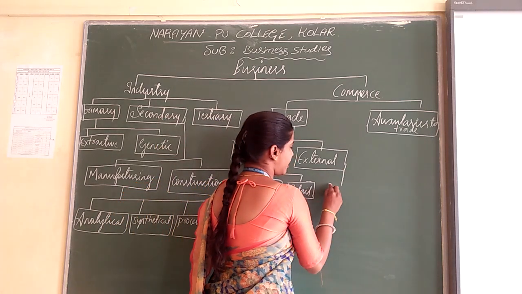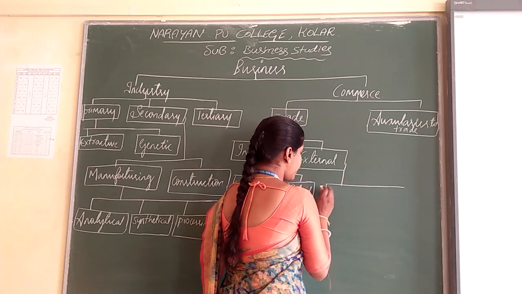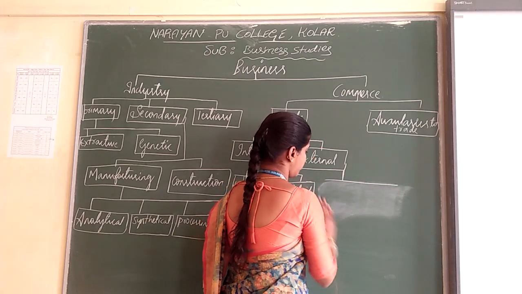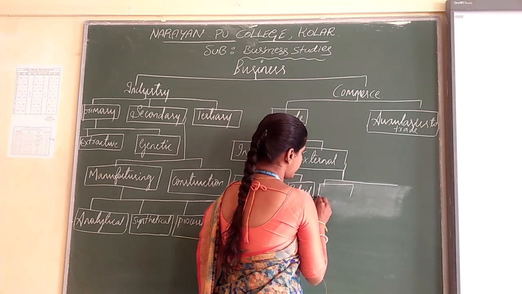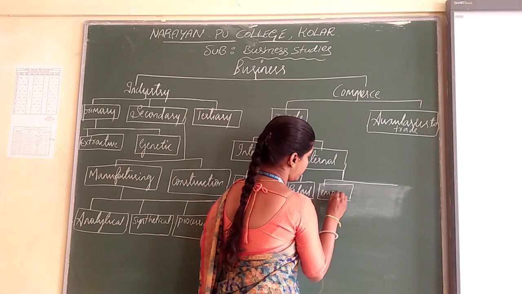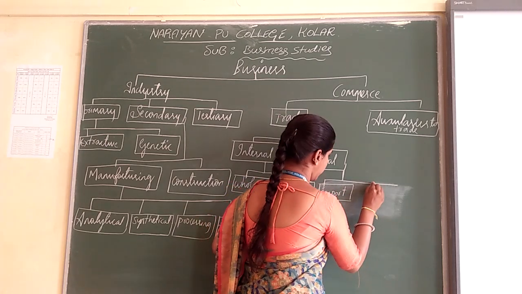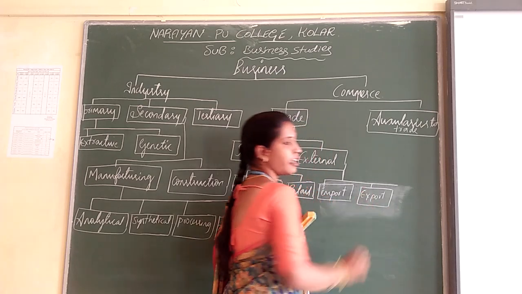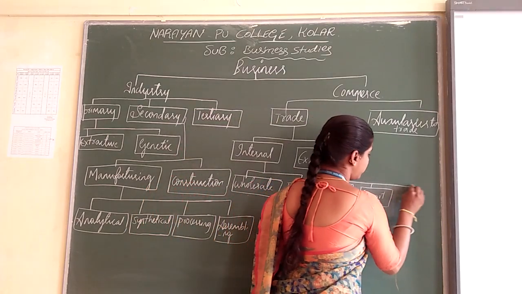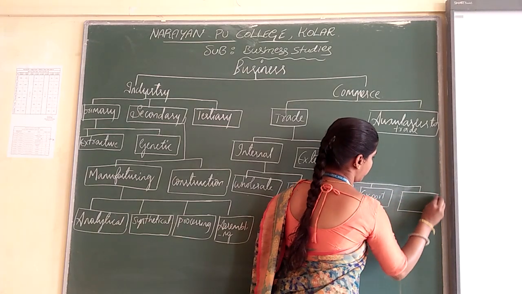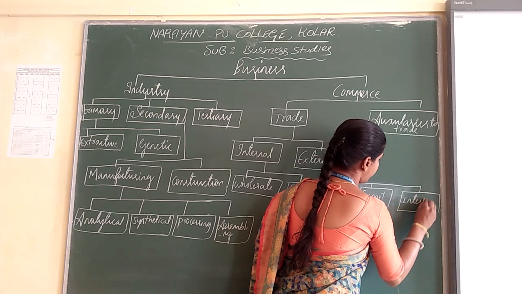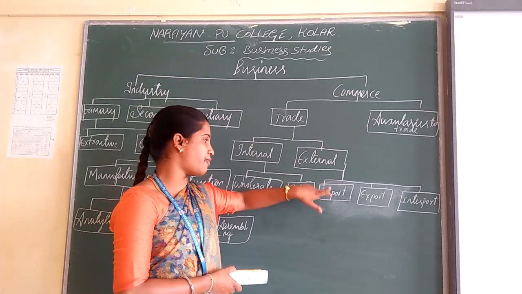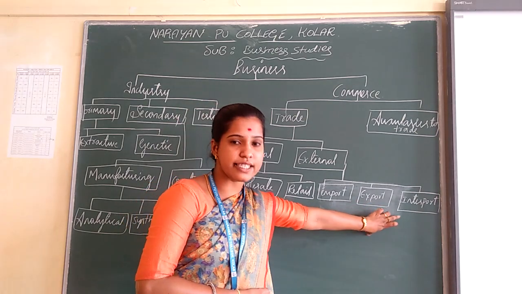The first one is import, the second one is export, and the third one is entrepot. So external trade can be classified into import, export, and entrepot.